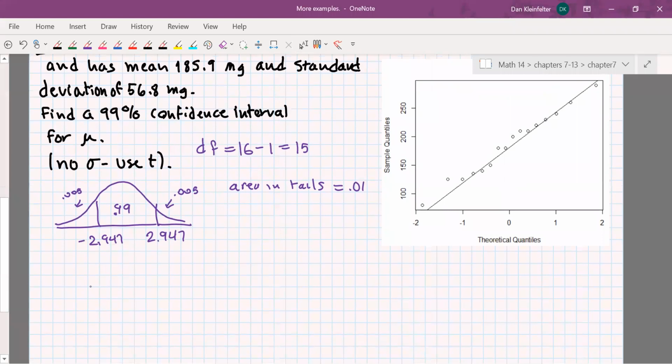Okay, margin of error will be our t alpha over 2 times s over root n. Our t alpha over 2 was 2.947. The standard deviation of the sample, 56.8 milligrams.